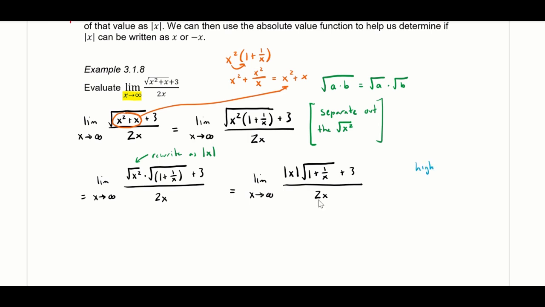So I'll make a note here. Highest degree term. We're kind of putting everything together in this example. The highest degree term in the denominator is just plain old x. So I'm going to multiply my numerator by 1 over x, and I'm going to multiply my denominator by 1 over x.